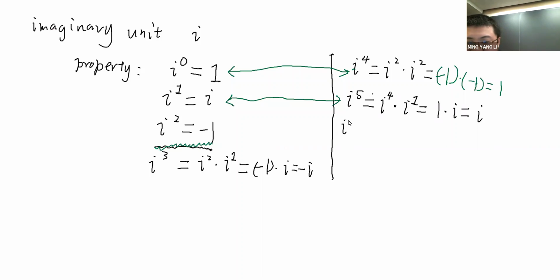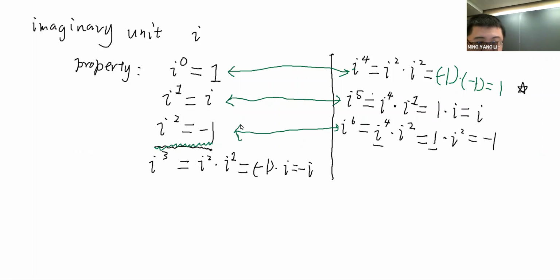Similarly, I to the power of 6 first contains I to the power of 4, and what is left is I squared. Again, I to the power of 4 is always equal to 1 by this fact, so this is just I squared, which is -1 by the earlier result.